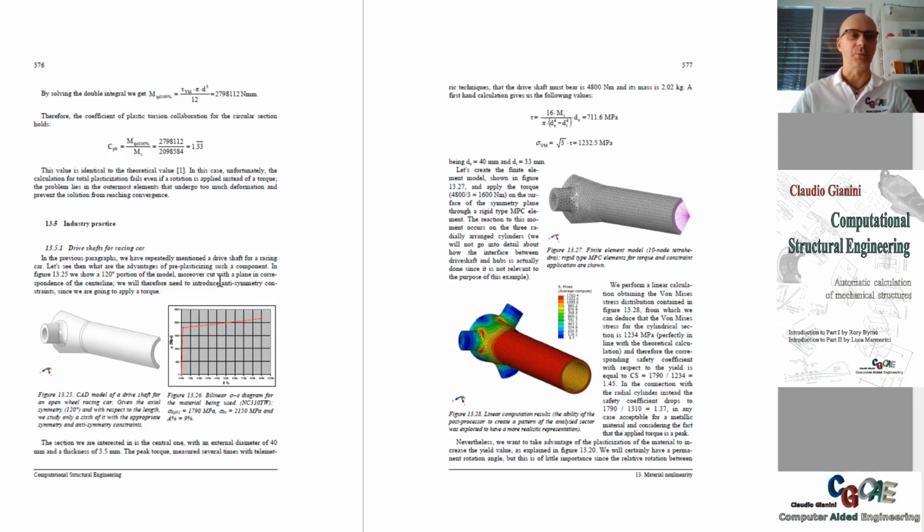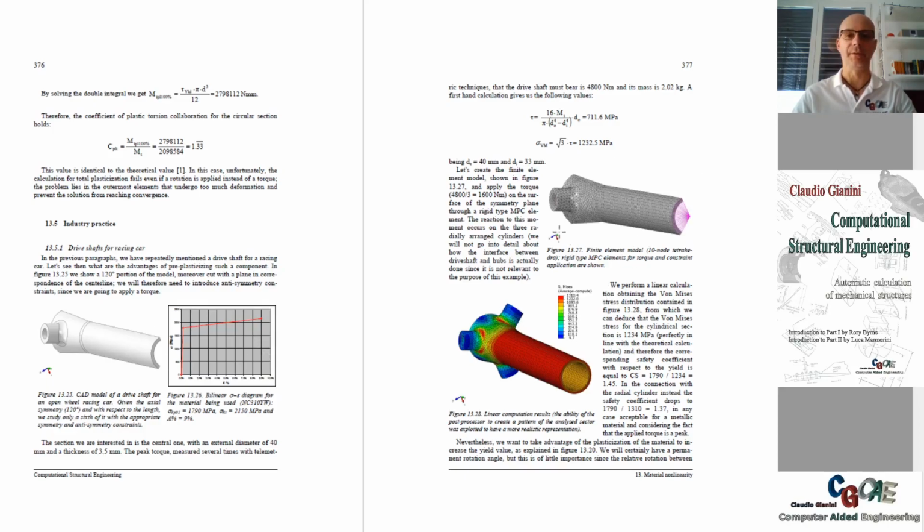And then we use these capabilities that we have learned so far to see how it was possible, or how it's generally now done, I think, by all the F1 teams, to exploit the plastic field of the material to lighten parts. In this case, it's a drive shaft.